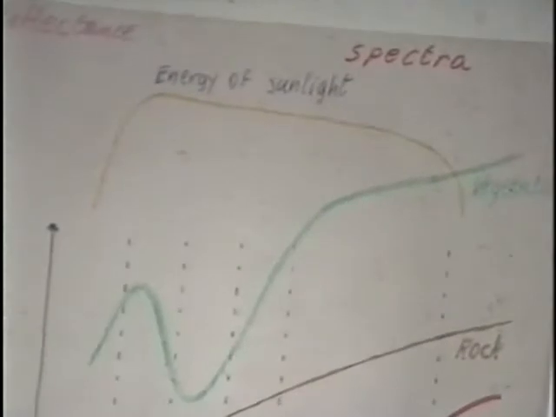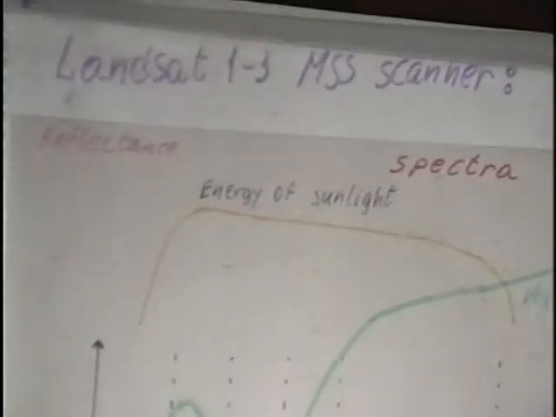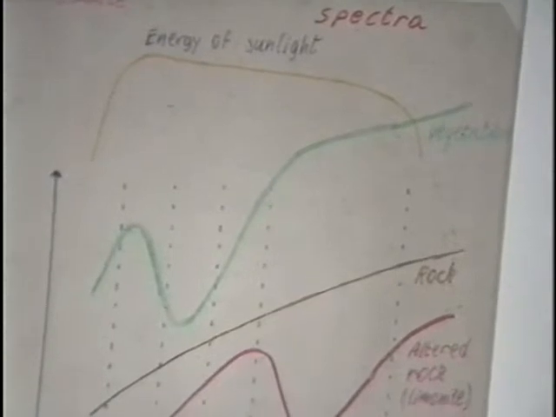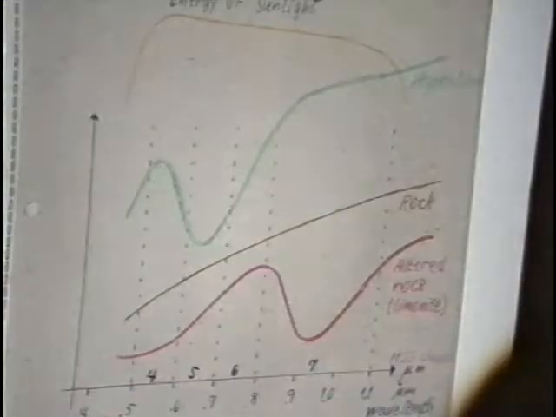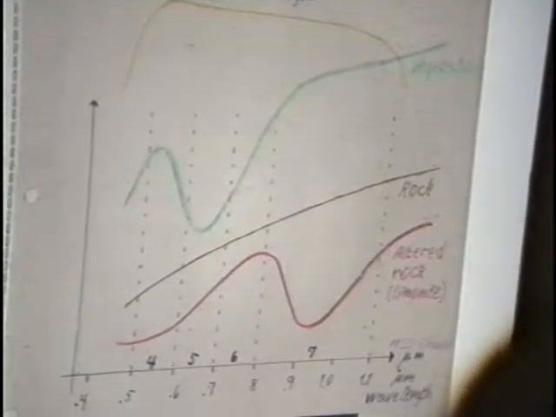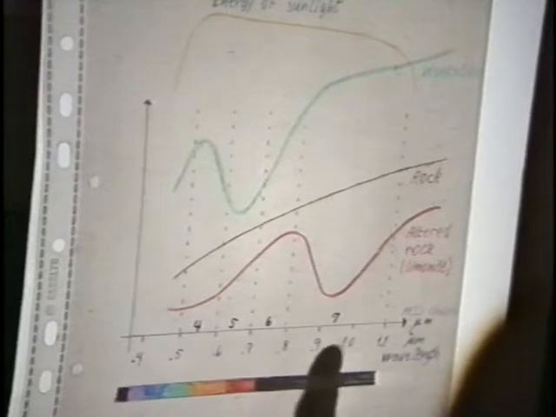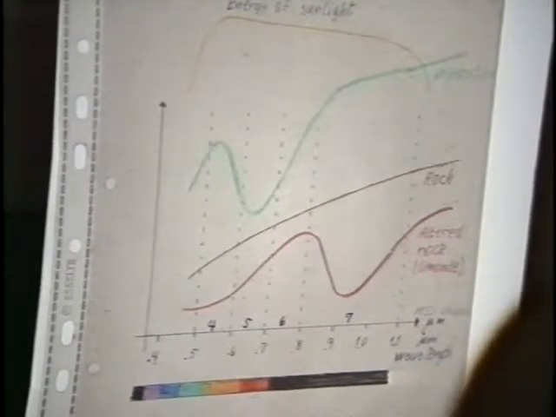Now, the reason that you can use this type of information in, for instance, mineral exploration can be seen on this image of reflection spectra of different kinds of material. I've shown the wavelength down here of light, and there's an approximation here of the spectrum going from the blue to the red to the infrared. And these 4, 5, 6, and 7 are the channels number 4, 5, 6, and 7 on the Landsat scanner.